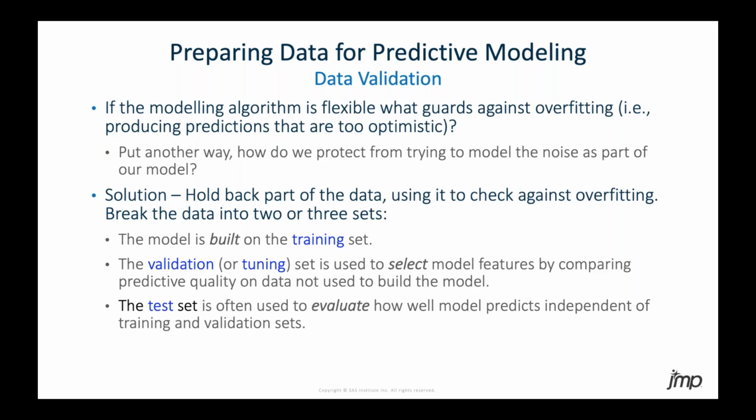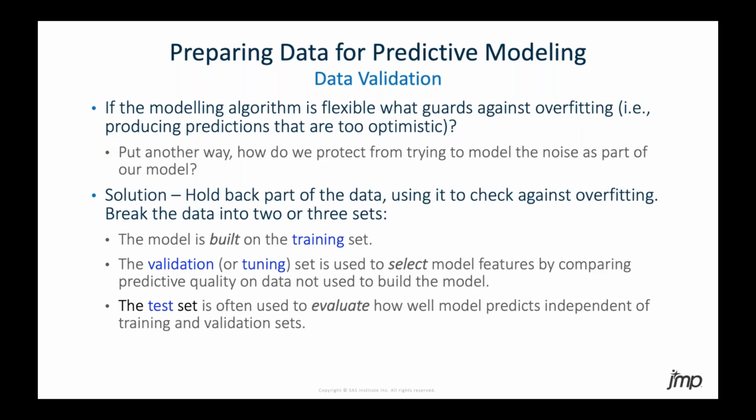However, one of the potential issues with having only a training data set and a validation data set is that I still might get an optimistic estimate of how well my model is fitting. That's why, as I had mentioned, sometimes it's nice to have that third set of data in there because it provides an independent check on how well the fit is.